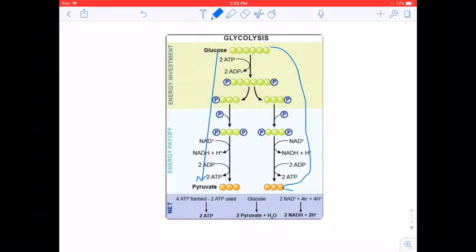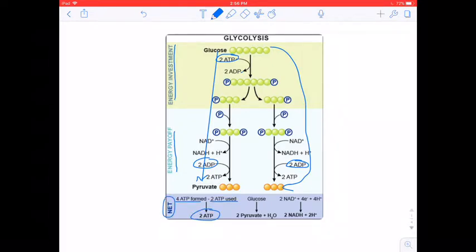We say that glycolysis only produces 2 ATP because there is both an energy investment phase and an energy payoff phase. 2 ATP molecules are used in glycolysis in the investment phase, and this results in the production of 4 ATP molecules. The 4 produced molecules minus the 2 used molecules equals a net gain of 2 ATP molecules being produced.